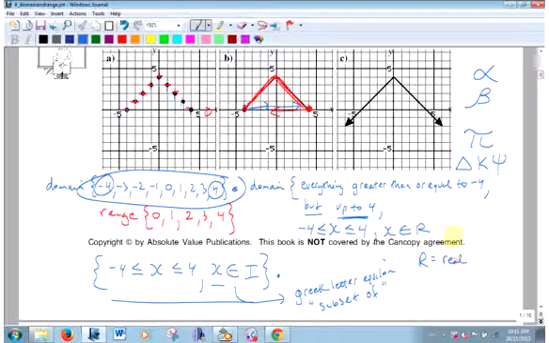Real numbers. That means it's not just whole numbers. It's fractions, decimals, all the irrationals. Hey, look, there's root 2 right there. 1.41. Okay? Everything.